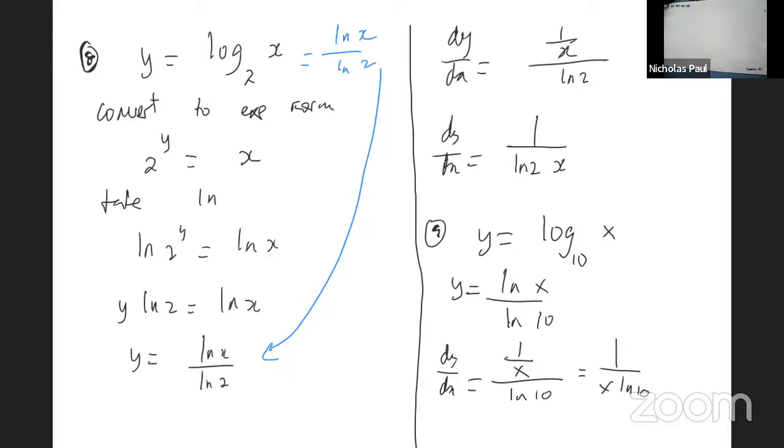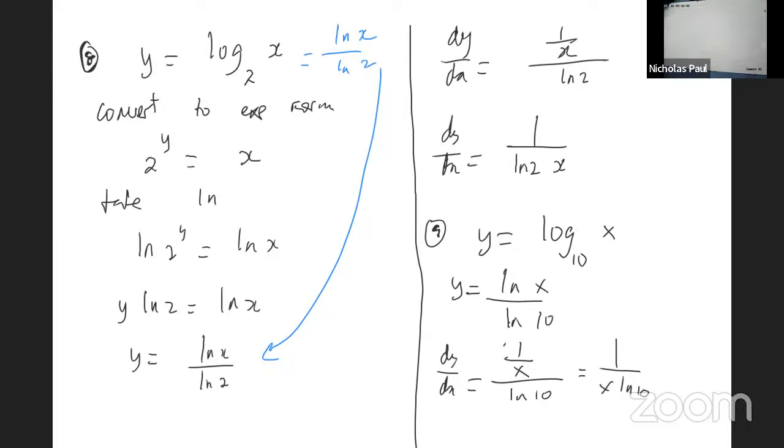Okay, again, the trick is to just put it into a form that you're comfortable with, right? So I just differentiate. What's the differential of ln x? Right?